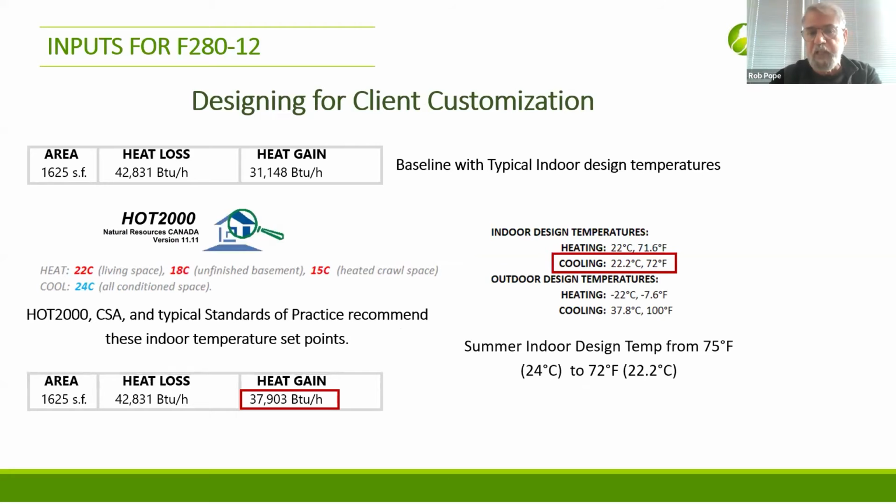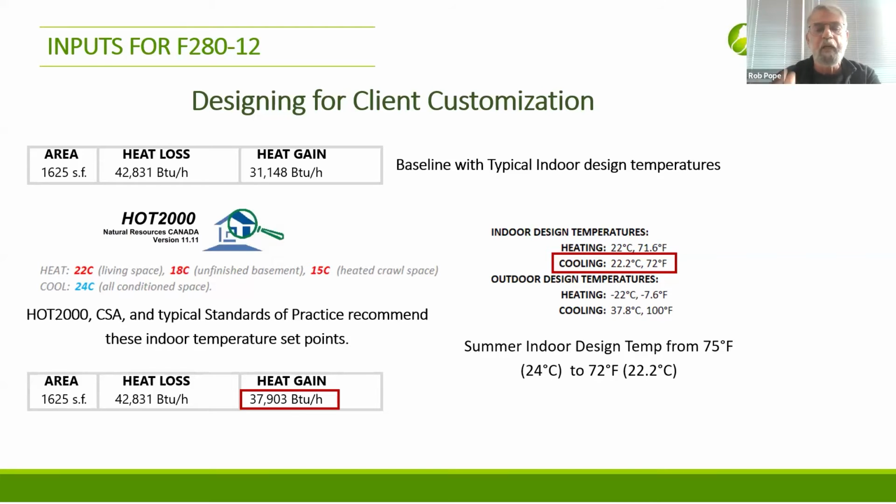So you can manipulate the load calculation. Again, it's a judgment call, but you've got to deliver what the expectations of the client is to a reasonable degree. And you don't want to design a temperature of 18 degrees Celsius all summer long throughout the whole house, for example. That's out of the bounds of reasonableness.